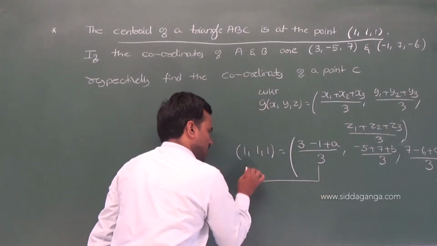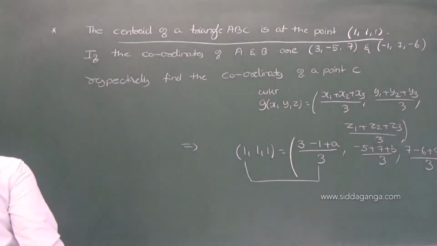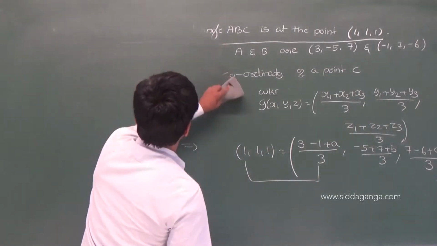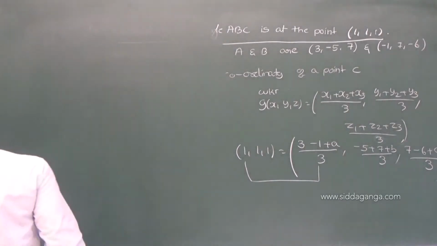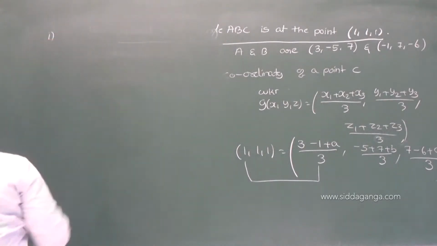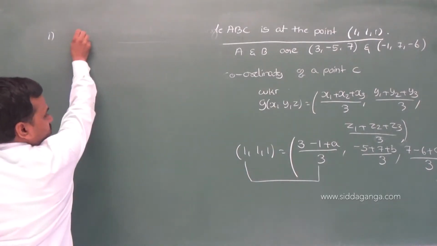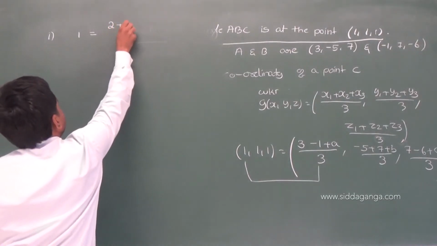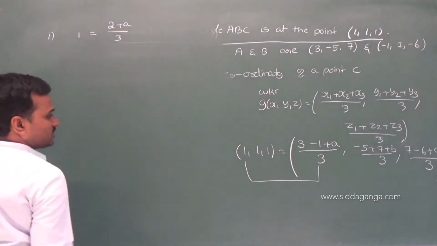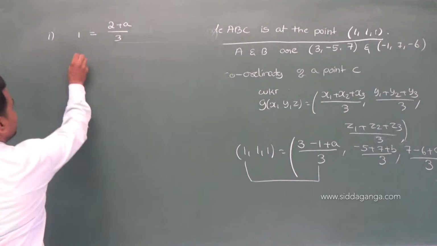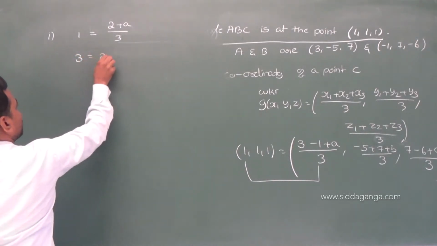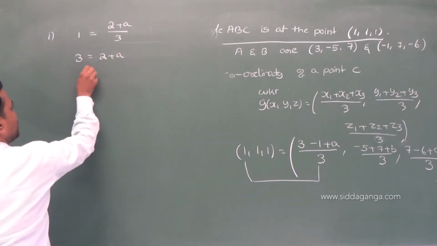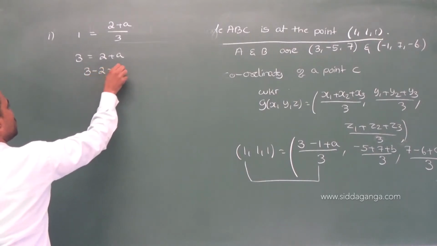Equating first the x coordinate: 1 is equal to 3 minus 1, which is 2, plus a, divided by 3. On cross multiplying, 3 is equal to 2 plus a, so 3 minus 2 is equal to a.